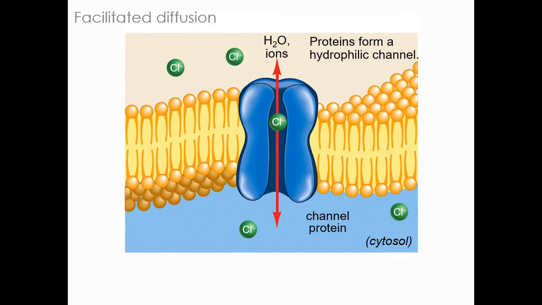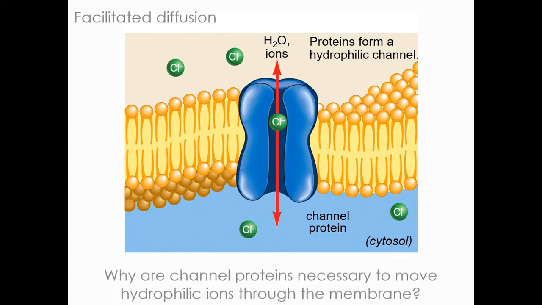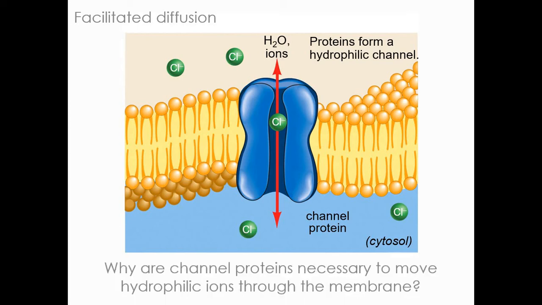Another type of diffusion is facilitated diffusion. So in facilitated diffusion, it still does not need energy. Okay, what happens is that in facilitated diffusion, there is a channel that helps these substances to pass through the membrane.